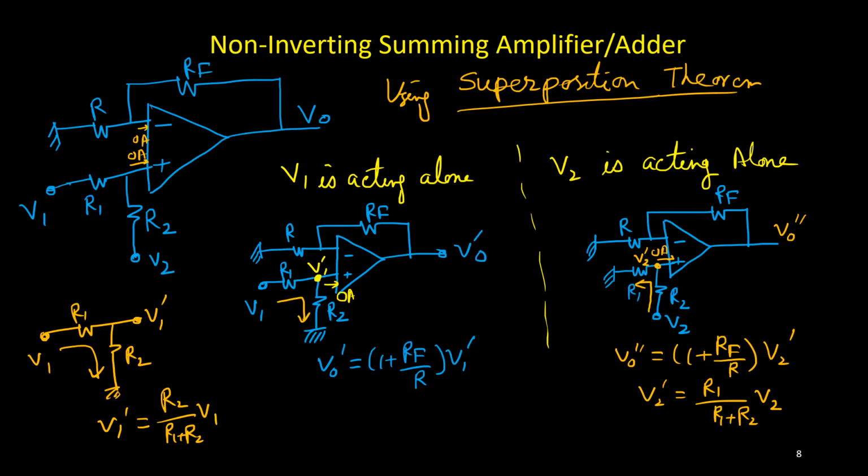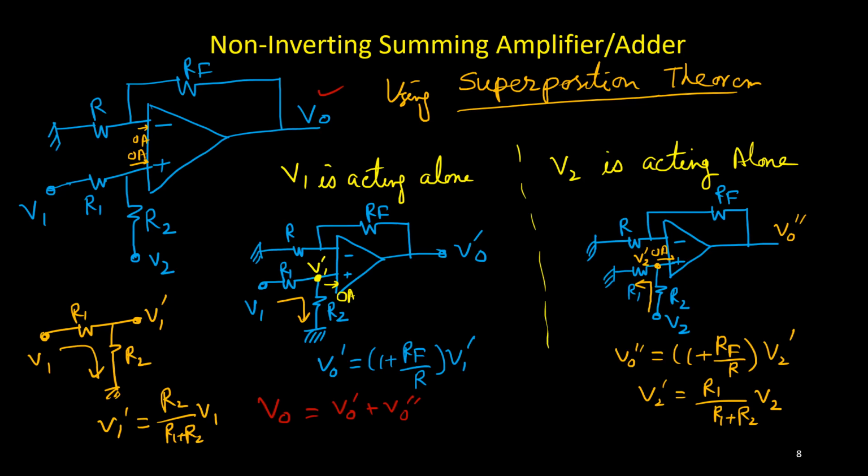So overall, the total V0 is the addition of these two, V0 prime plus V0 double prime. Now we replace all those things.